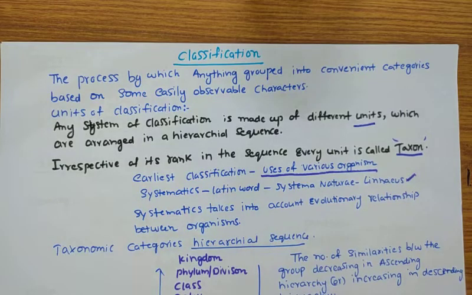The number of similarities between the groups decreases in ascending hierarchy and increases in descending hierarchy. Remember that one.